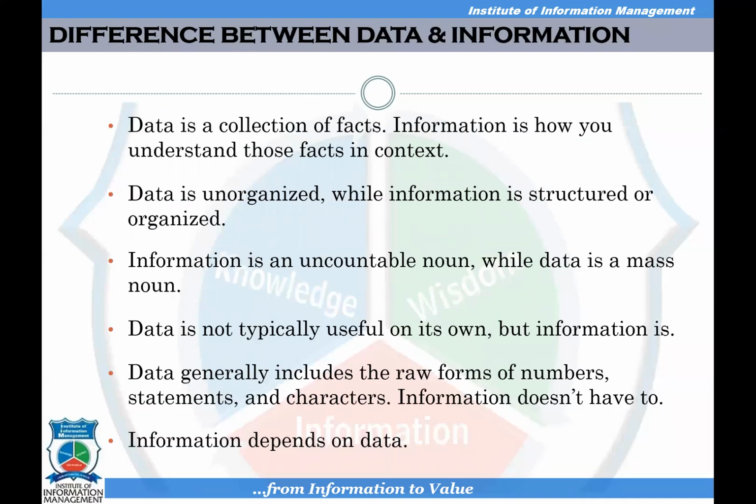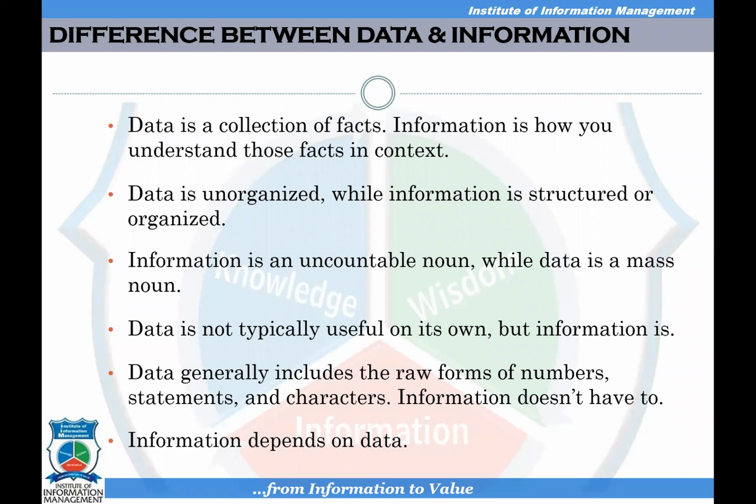So what are the differences? Now that we understand what data is, data is just a subset of information. Data put together makes information in a sensible manner. So what are the differences? Data is a collection of facts. Information is how you understand those facts in context. Data is unorganized, but information is structured and very organized.